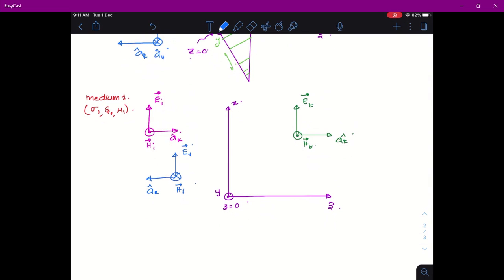So basically what I said is, this is my incident wave, this is my transmitted wave, and this is my reflected wave.